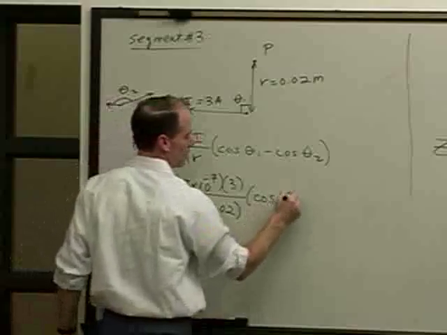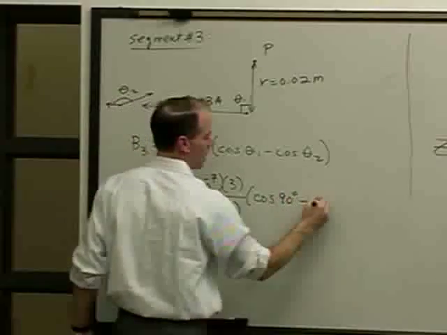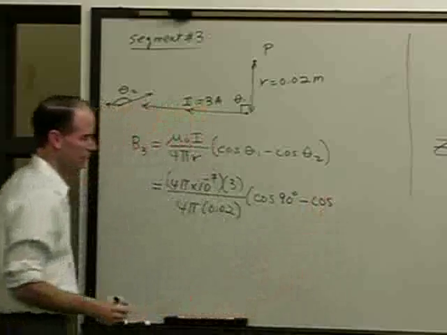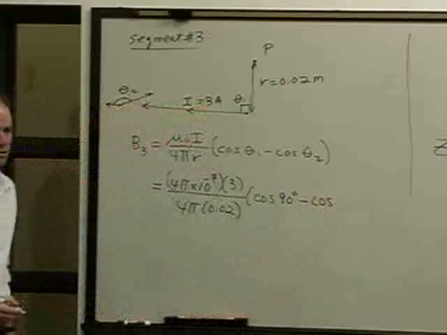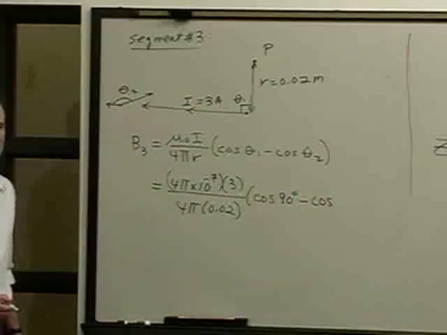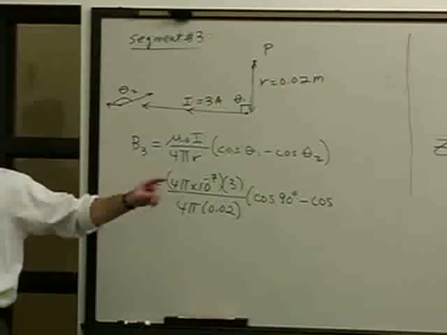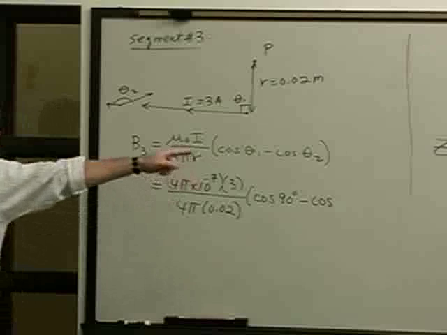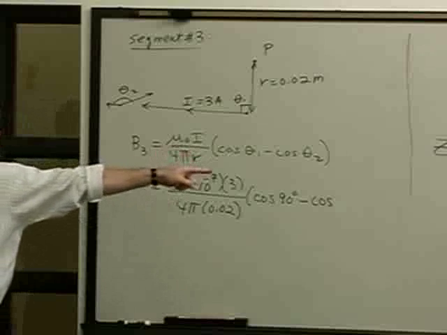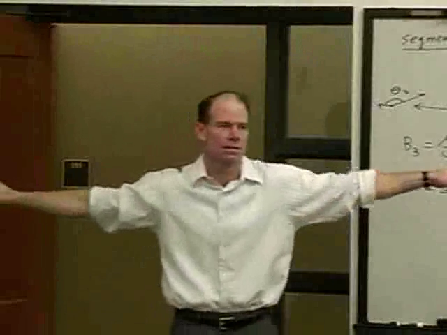So I'll just put 90 degrees, minus the cosine of, what's the other lead angle? 180. It's going to be 180. If I go semi-infinitely along this way, I'm going to end up looking at this angle right here, which will be 180 degrees.